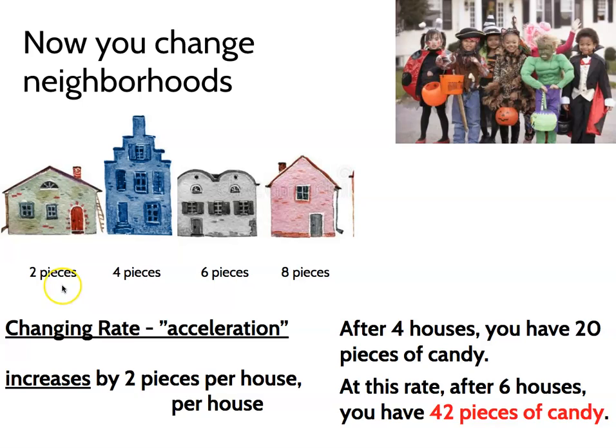So after the first house, they receive 2 pieces of candy. They will receive 4 pieces at the second house, 6 pieces at the third, and 8 at the fourth. After 4 houses, you have 20 pieces of candy. At the same rate, after 6 houses, you would have 42 pieces of candy. And we reach a much larger number when we have an increasing rate compared to a constant rate.